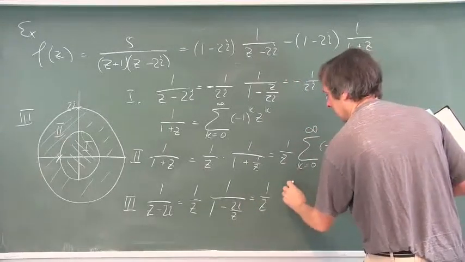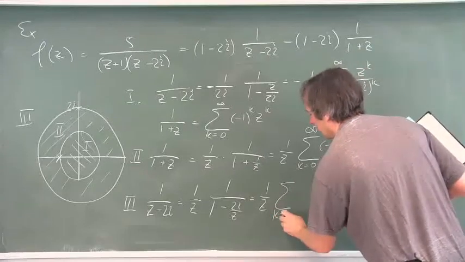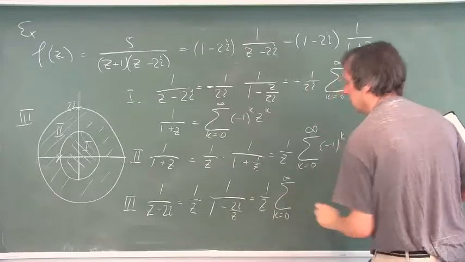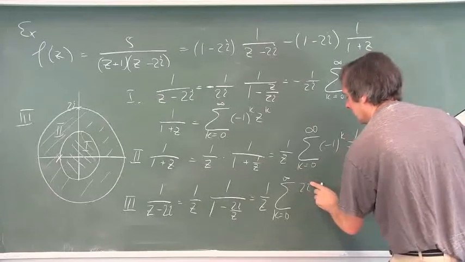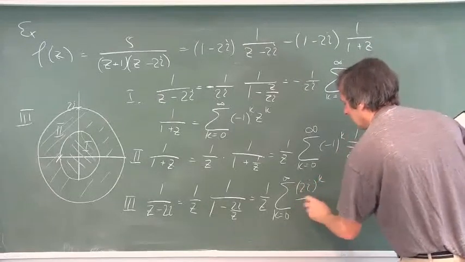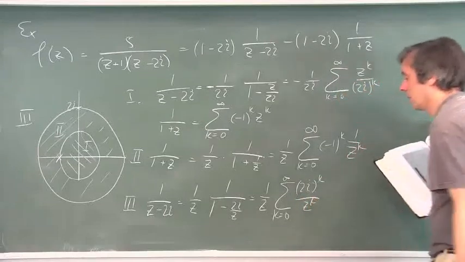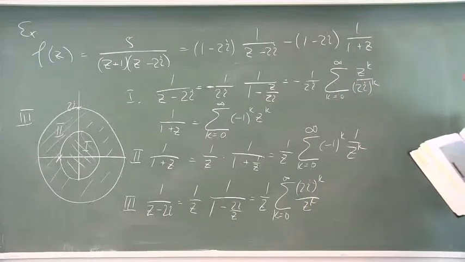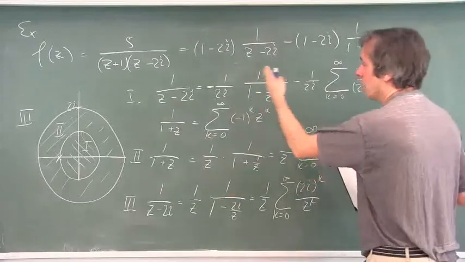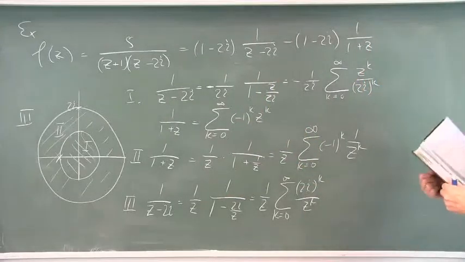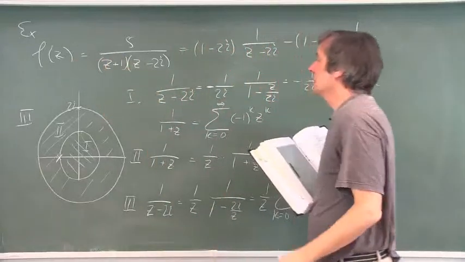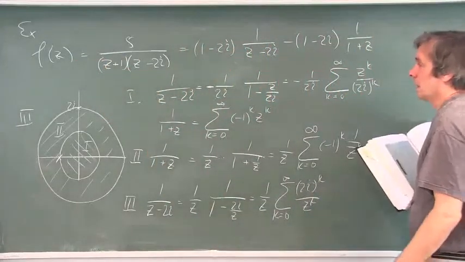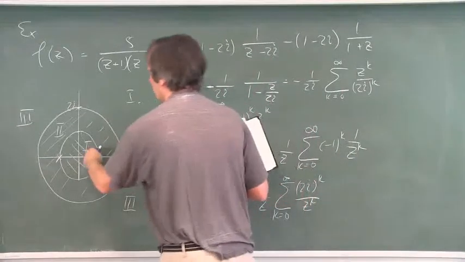And you get the sum where k goes from 0 to infinity of 2i to the power k divided by z to the power k. So this is essentially how you can expand this function in 3 different ways in these 3 different regions.